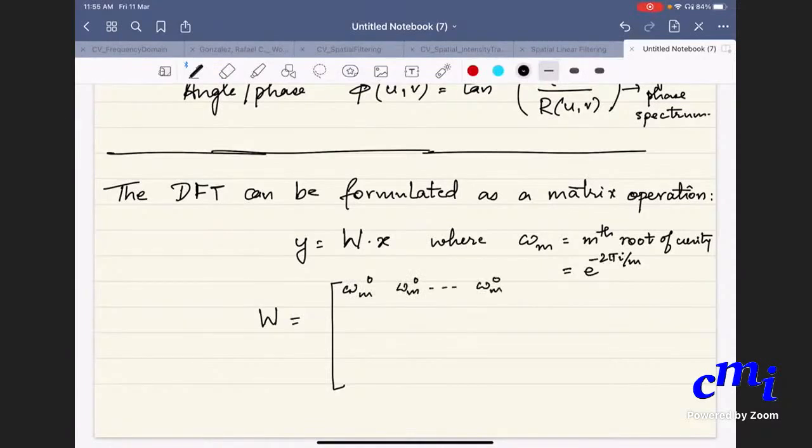That's the first row and the first column. Then from the second row onwards, you have omega m to the 1, omega m squared, and so on, and the numbering changes as follows: omega m squared, then omega m to the 4, and so on, going on to omega m to the m minus 1.